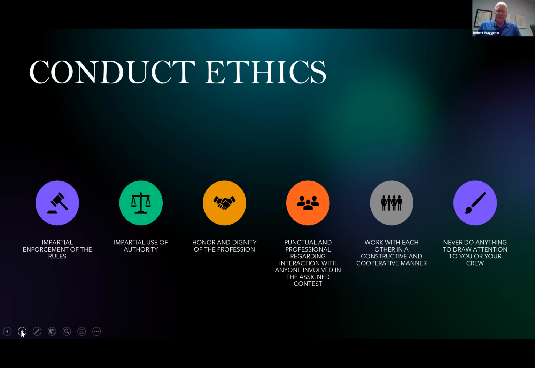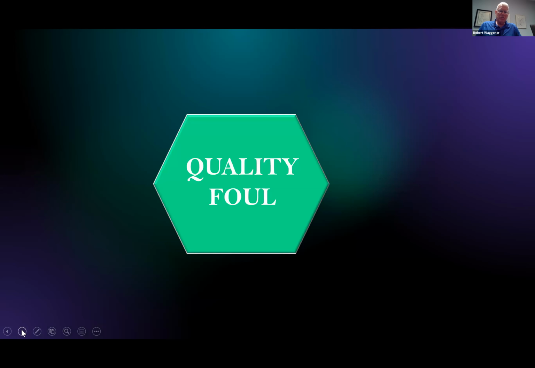We try to stay away from drawing attention to ourselves. But unfortunately, every time a yellow marker goes down on the field, it has a tendency to draw attention to the officiating, especially if it's in a critical part of the game. Be that as it may, if it's a quality foul, everybody's going to see it your way.